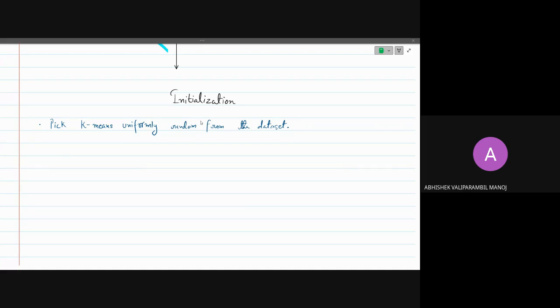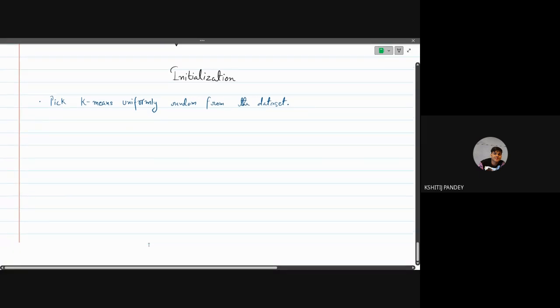Then we calculate the distance from each of these means to all the data points, and wherever the distance is minimum, we assign the point to that respective cluster. This continues until convergence.